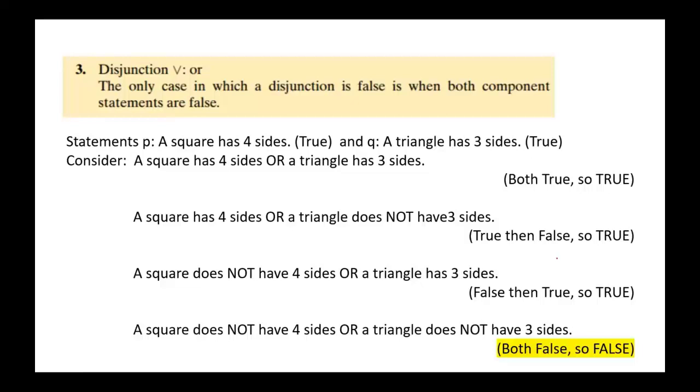But as long as one of them is true, it's true. Looking at the last sentence, a square does not have 4 sides, or a triangle does not have 3 sides. Now both of those statements are false, so the entire thing is false. And is only true if they are both true. An or is only false if they are both false.